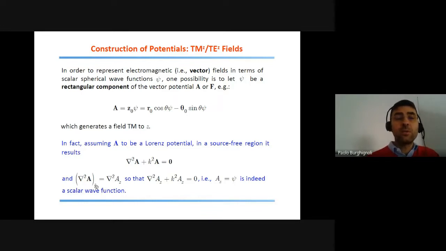For example, the z-component of the vector Laplacian of A is equal to the scalar Laplacian of the scalar component A sub z. So therefore, any Cartesian component satisfies a scalar Helmholtz equation, that is, it is a wave function.